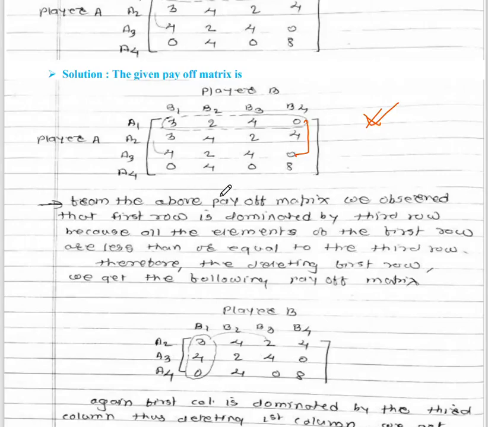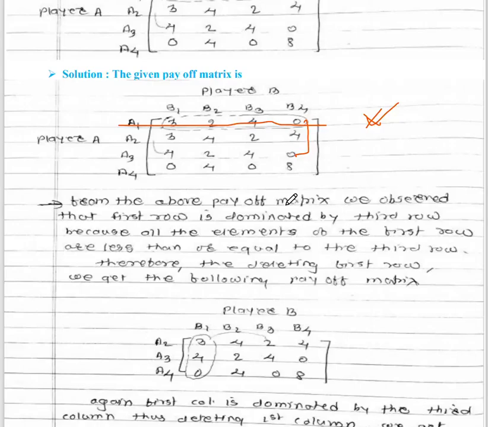That means the first row is dominated by the third row. So we will delete the first row from this given payoff matrix.